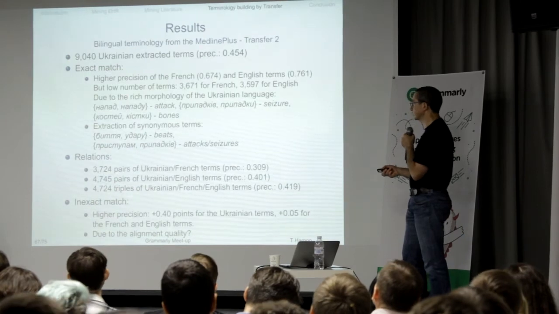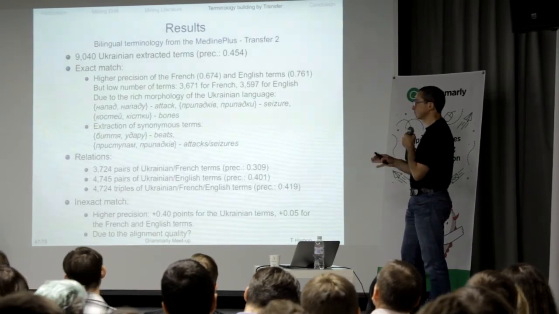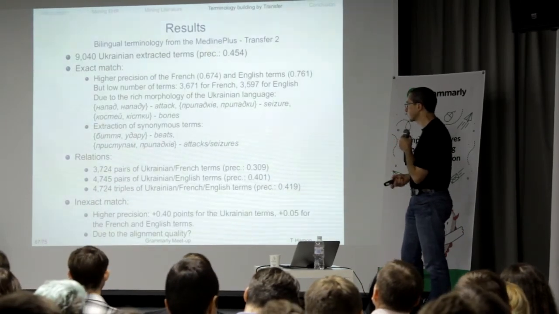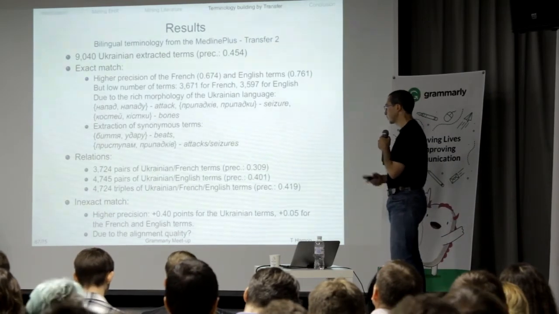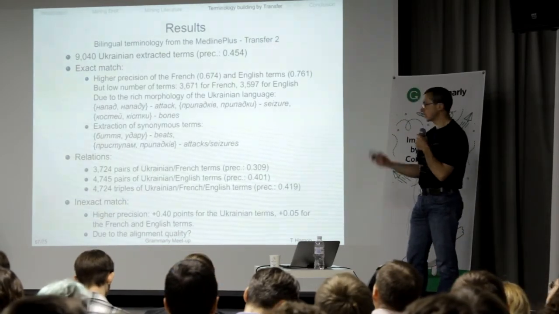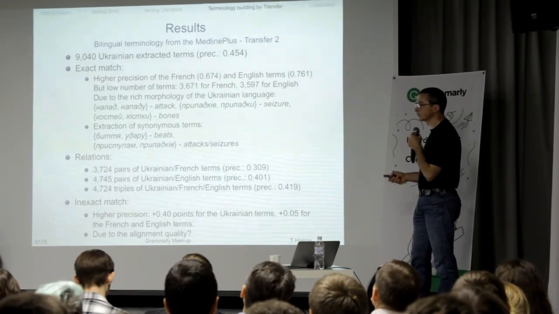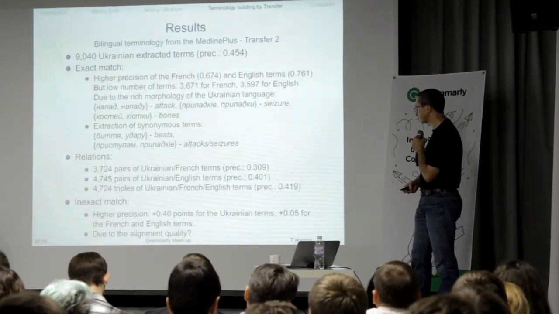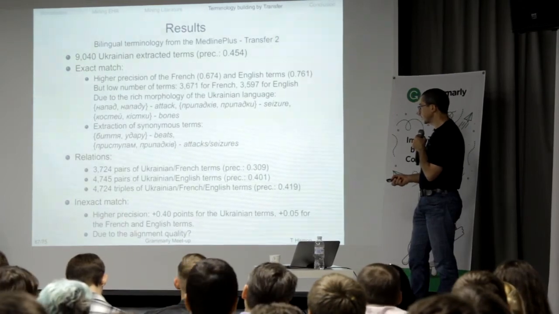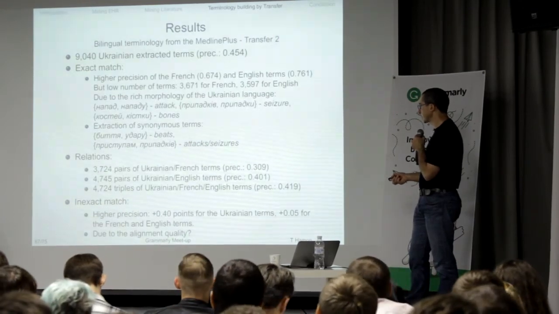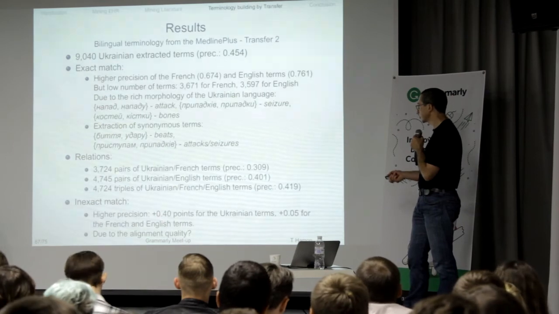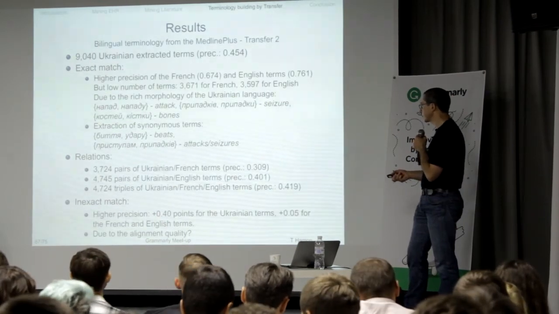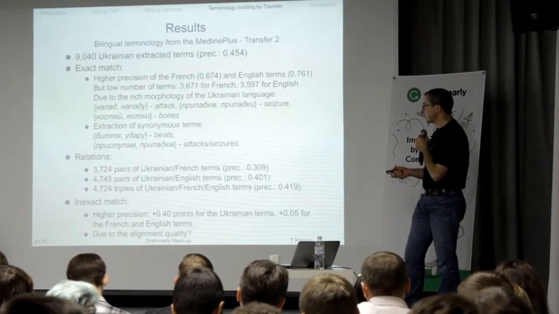And if we consider them separately, there are 4,500 triplets of Ukrainian, French, and English terms, with a precision of 41%. In exact match, there is a high increase for the Ukrainian terms, and a lower one for the French-English terms.